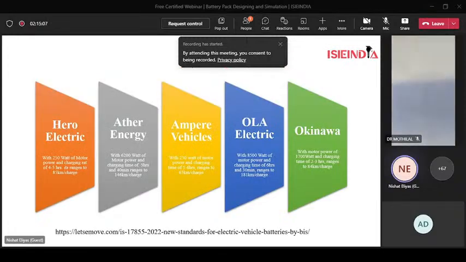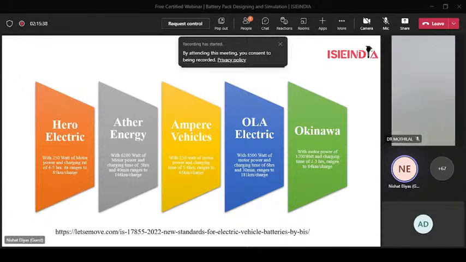Here are some case studies from the market, of producers producing electric vehicles. Hero, in its recent launch, has brought an electric vehicle with a 250 watt motor, a charging time of 4 to 5 hours, and a range of up to 85 kilometers in a single charge.